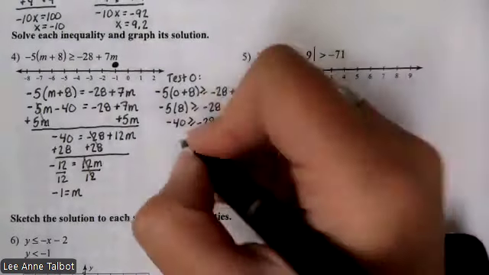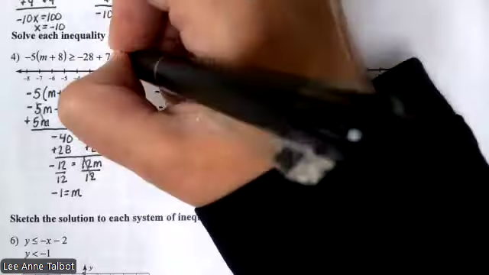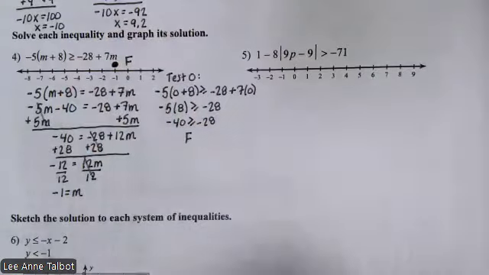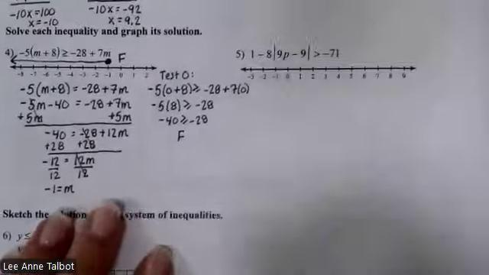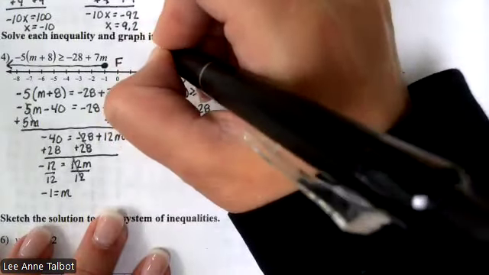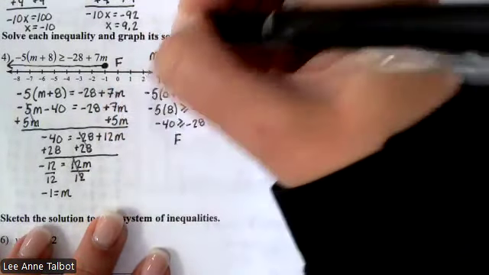False. So that means I'm false at 0, which is going to push my arrow the opposite direction. And final answer, M is less than or equal to -1.